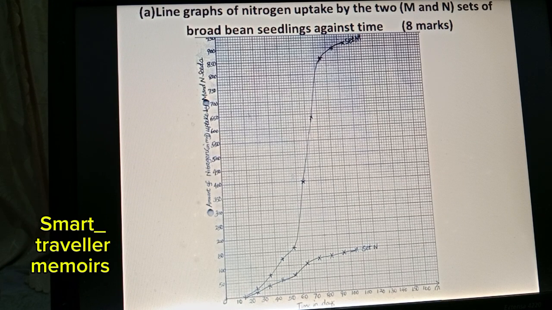So this is the graph, with the heading there: line graphs of nitrogen uptake by two sets of broad bean seedlings against time.